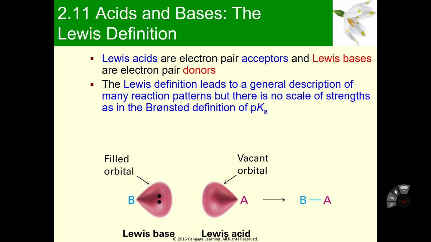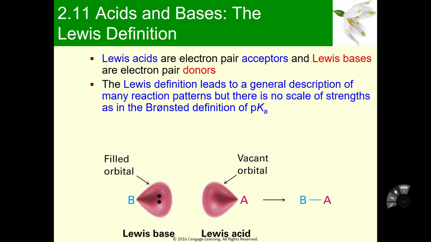I just briefly explained the concept of the Bronsted-Lowry and the Lewis concept on the acid and base concept. Lewis definition explains that base is an electron donor and the acid is an electron acceptor.